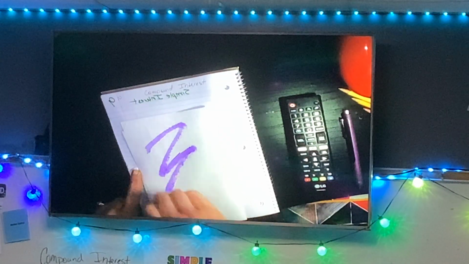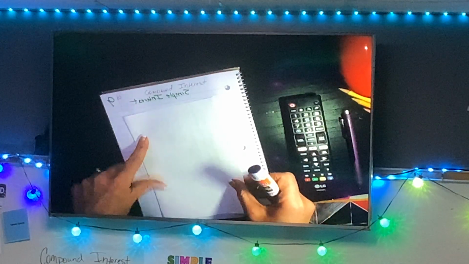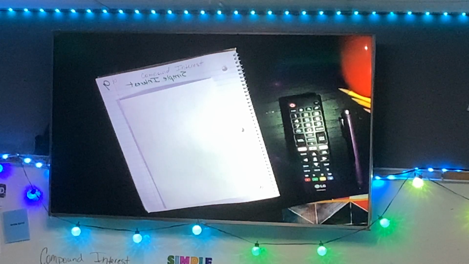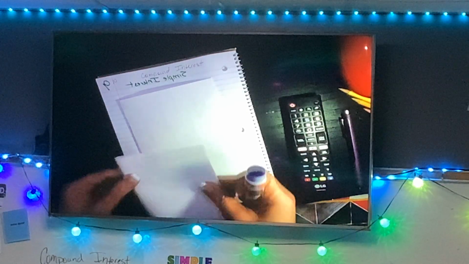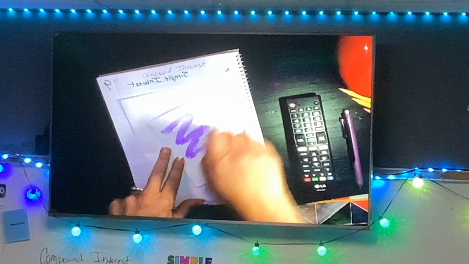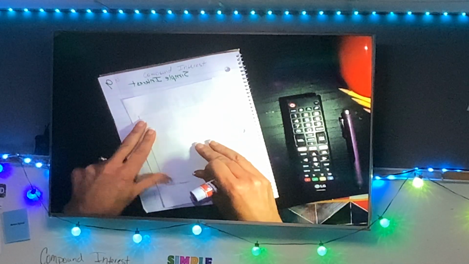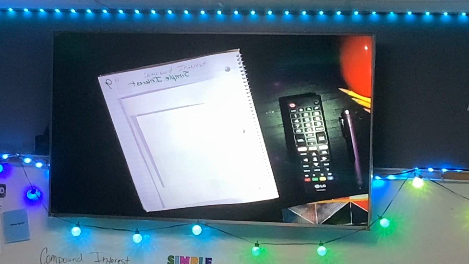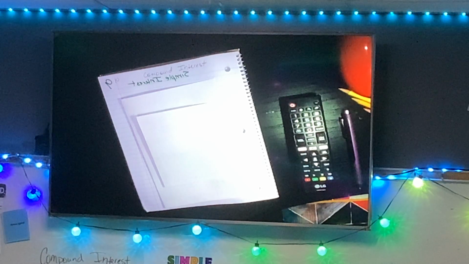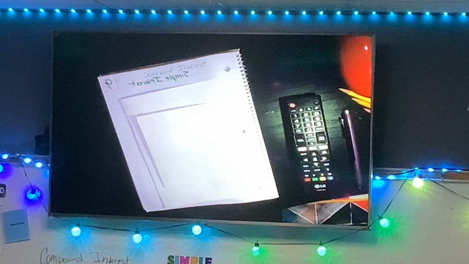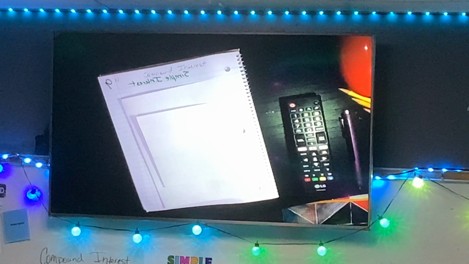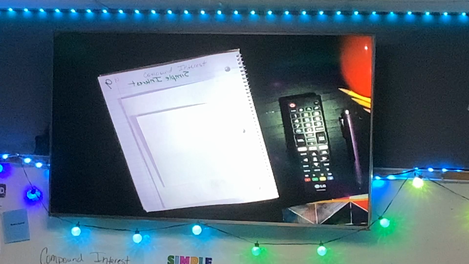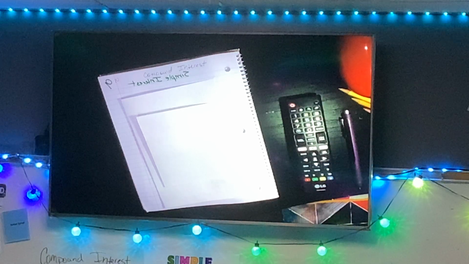And glue it down. You are going to take your exemplar. And then you are going to fold it in half. Then you are going to get your iPad out.